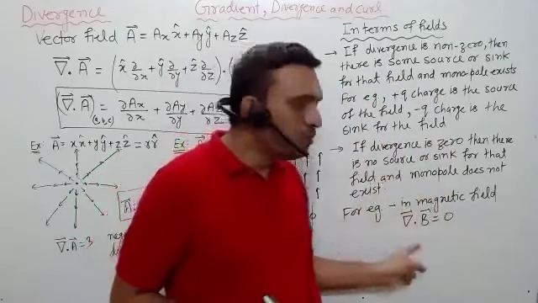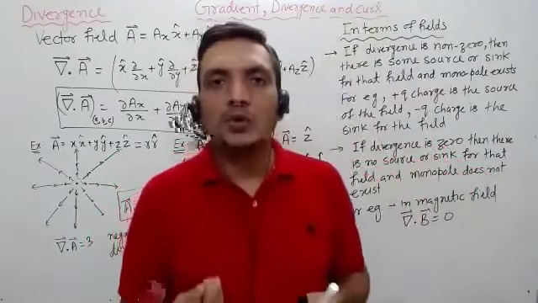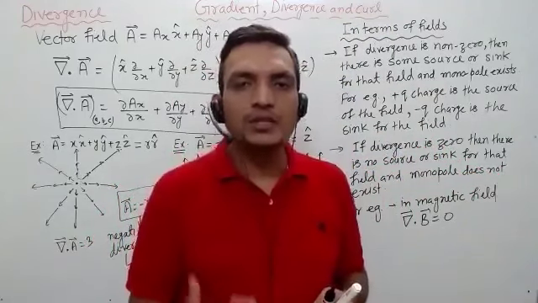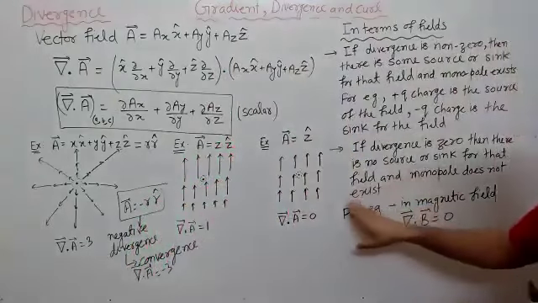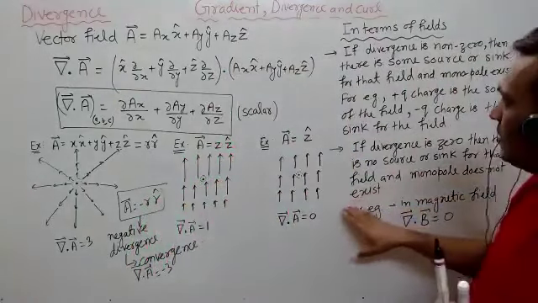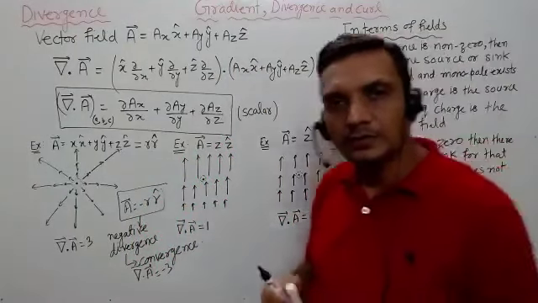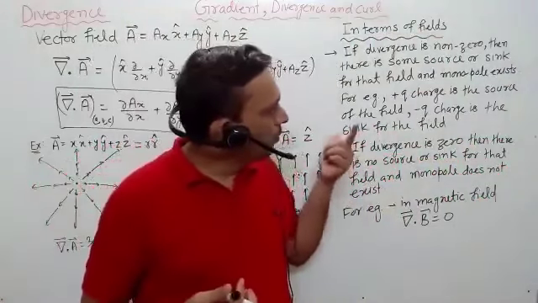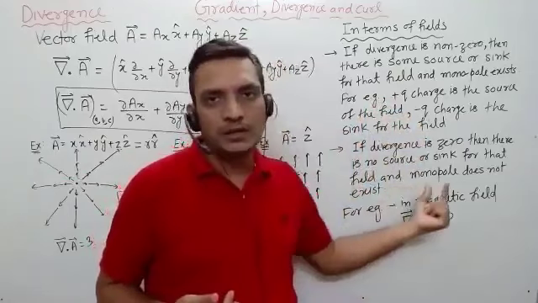So divergence of B is 0 means there is no monopole. And you also know that magnetic monopole doesn't exist. So that's why in magnetic field, divergence of B is always 0. So that is the meaning of divergence in terms of field. Is it clear? Monopole exists, you have discrete charges, and monopole doesn't exist.